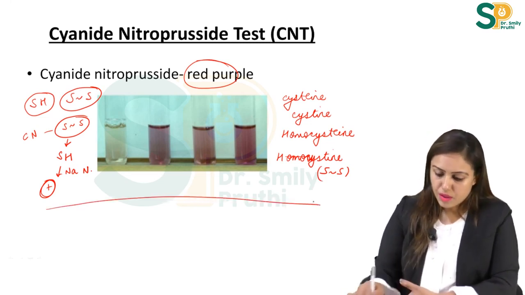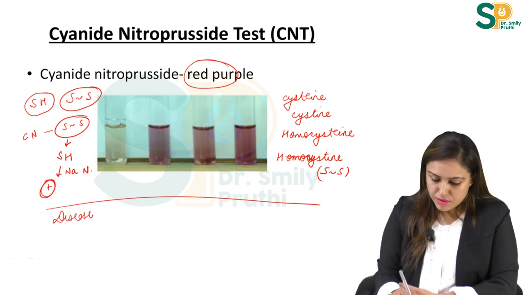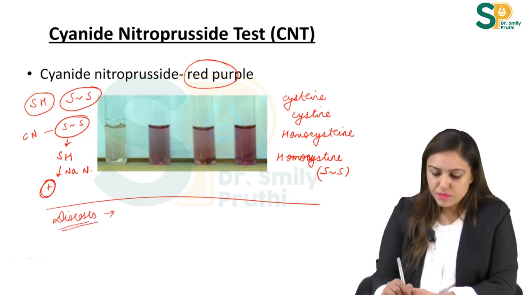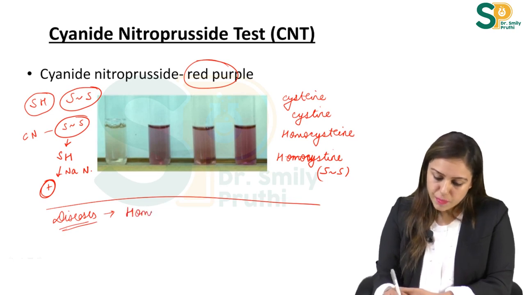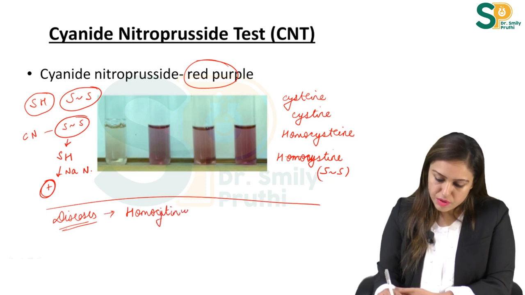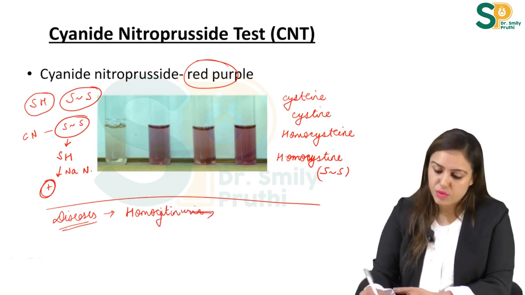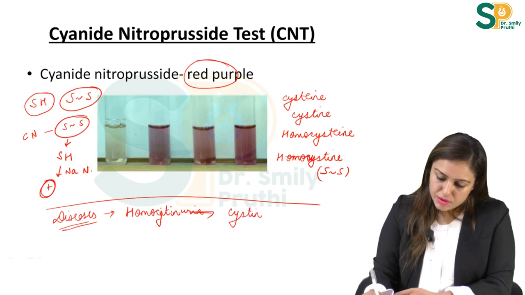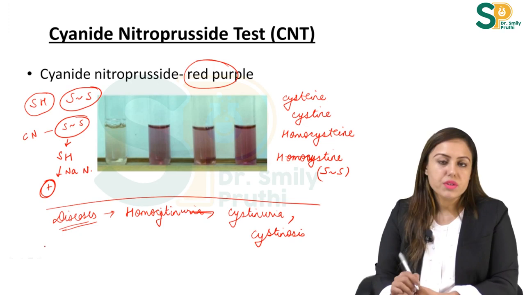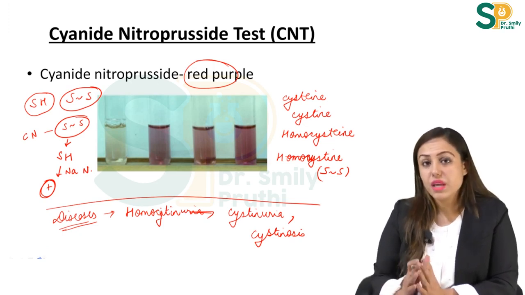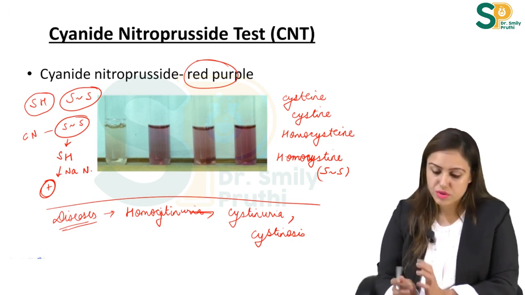Then the diseases in which the cyanide nitroprusside test is positive are homocystinuria, cystinuria and cystinosis. So we are done with the sulfur tests for sulfur containing amino acids.